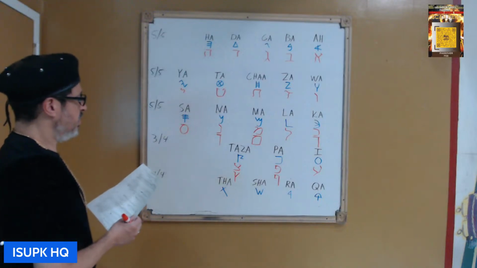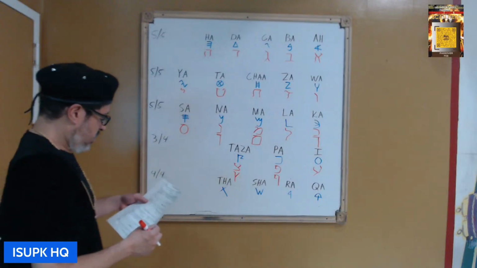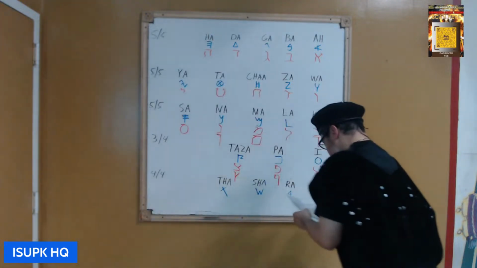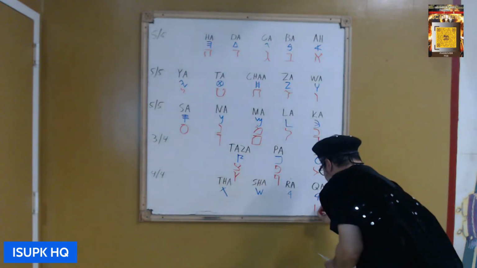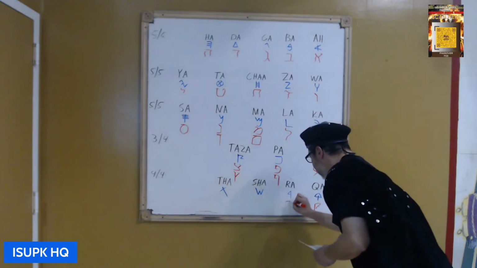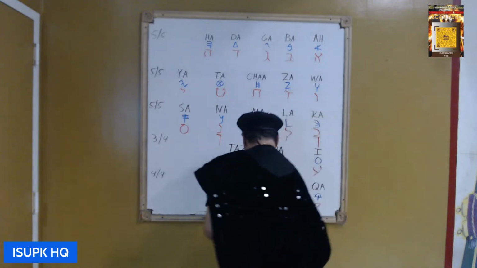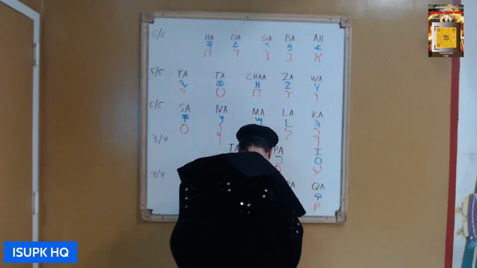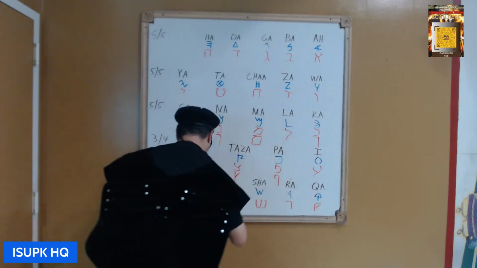So those are the secondary characters. And then we have wa, ra, sha, and then tha.